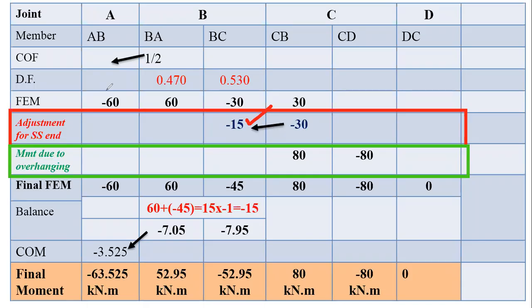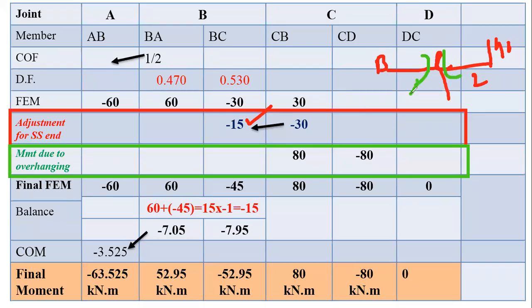Now we know that there is an overhanging span for C. This is C. This is D. It is 40. This is 2. Now somewhere here it is joint B. So at C, moment will be equal and opposite.